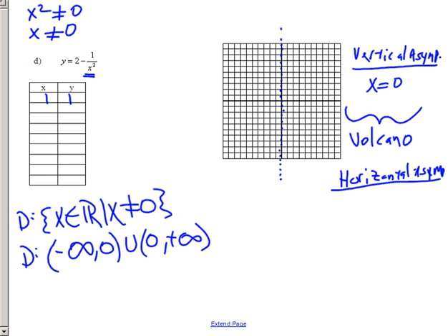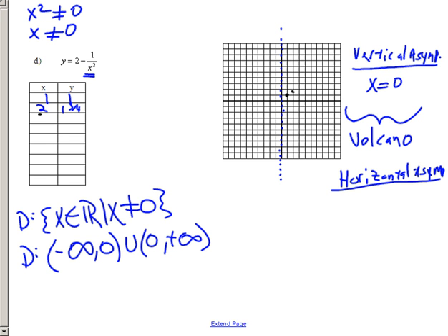If we plug 2 in for x, we're going to get 1/4, and 2 minus 1/4 would be 1 3/4. So we have the point 1, 1, which is right here. I'll graph it in a different color so we can see it better. 1, 1 is right here. And then we have the point to the right 2, up 1 3/4. Let's pick one more point just to see what's happening.